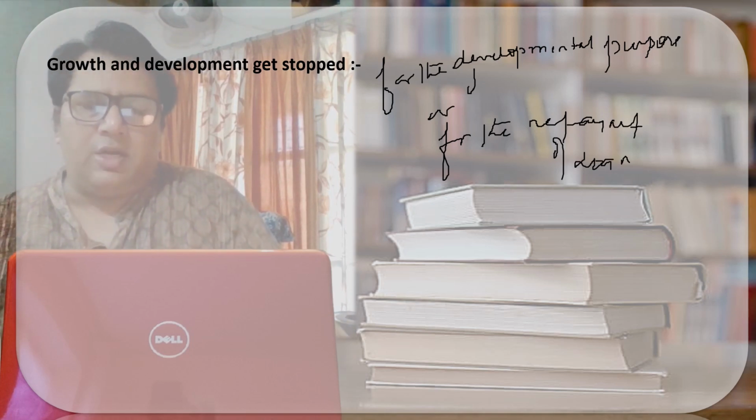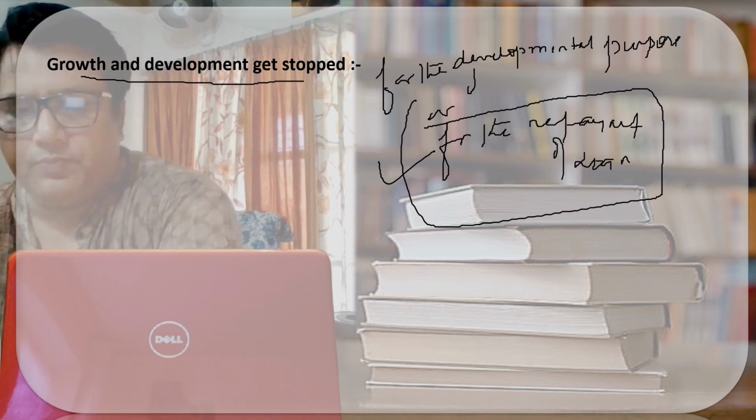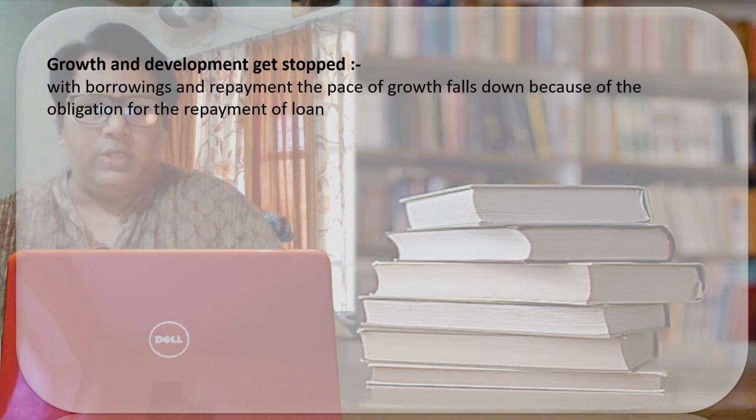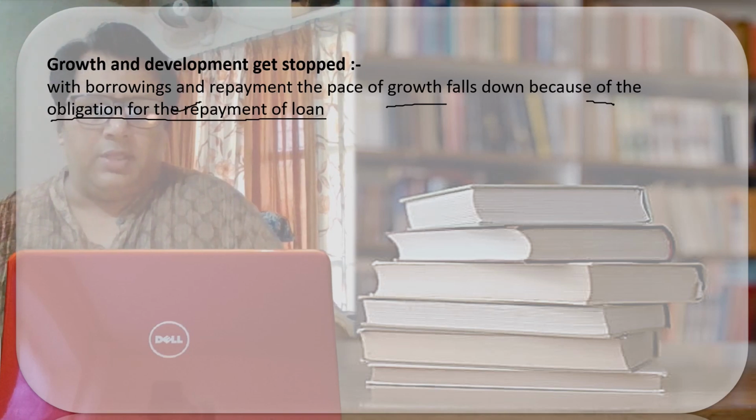But because of the fiscal deficit, the government is using the money which they have raised for the repayment of loan, because of which the growth and the development get stopped. I hope the point is clear. Here we can say, with borrowings and the repayment, the rate of growth falls because of the obligation of the repayment of loan, because of the responsibility to repay the money.